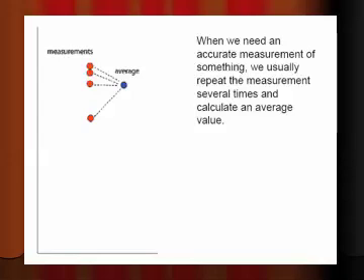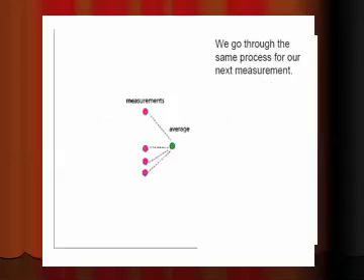Here is a graphical representation of the data points that you got from an experiment. Your measurements are the red dots, and the blue is the average value that you calculate from the red measurements.